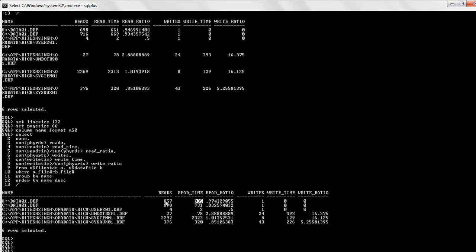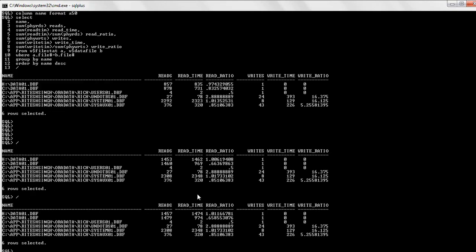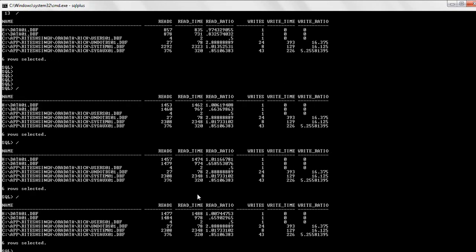Now if you take the ratio of these two, you would see that 0.97 is the read ratio when you work with the H drive, and similarly when you work with the C drive, it is faster. If you keep on doing the same, you would see the difference will keep on increasing. This clearly shows that the H drive is slower as compared to the C drive.